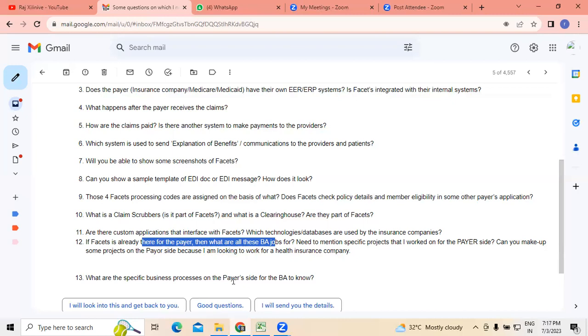For example, 2 more plans were added. Those 2 plans have to be designed by your team. Requirements will be given by the BA, that will be designed by your team, and the necessary configurations will be done by the team members. This is where Facets configuration comes into the picture.